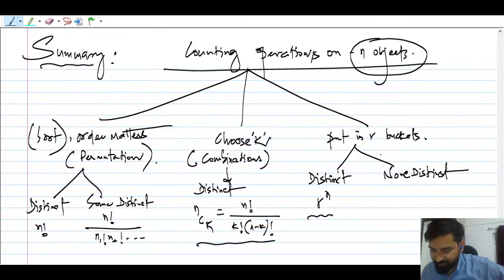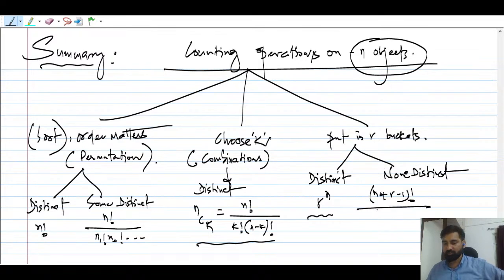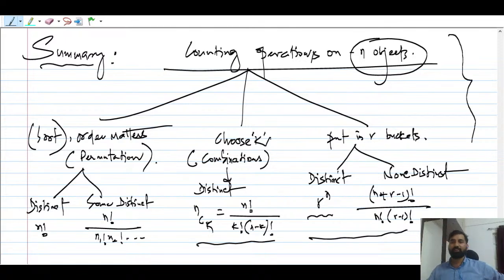And non-distinct means it will be (n plus r minus 1) factorial upon n factorial and then (r minus 1) factorial, if nothing is distinct. I think this is clear. This is the summary.